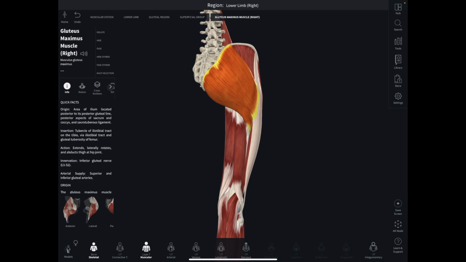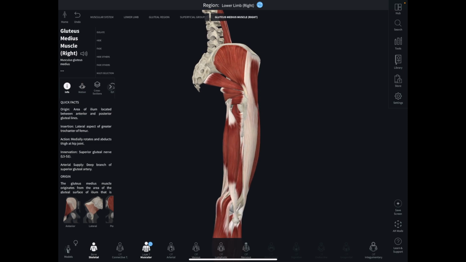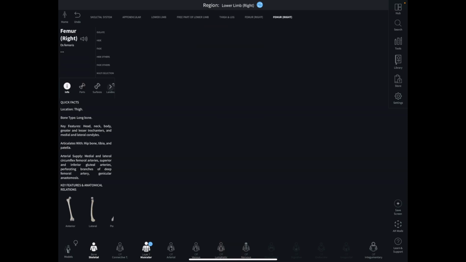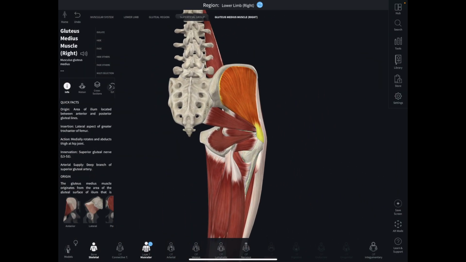Okay, so I'm going to go ahead and hide that one. Deep to that, we have the gluteus medius, whose origin is the ilium between the anterior and posterior gluteal lines, and it's inserting on the lateral aspect of the greater trochanter of the femur, right there. Okay, and if I go ahead and hide that, we'll see that deep to it we have the gluteus minimus.